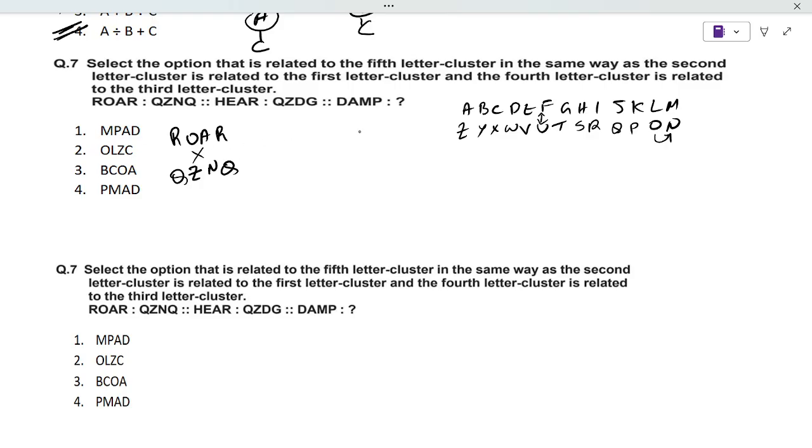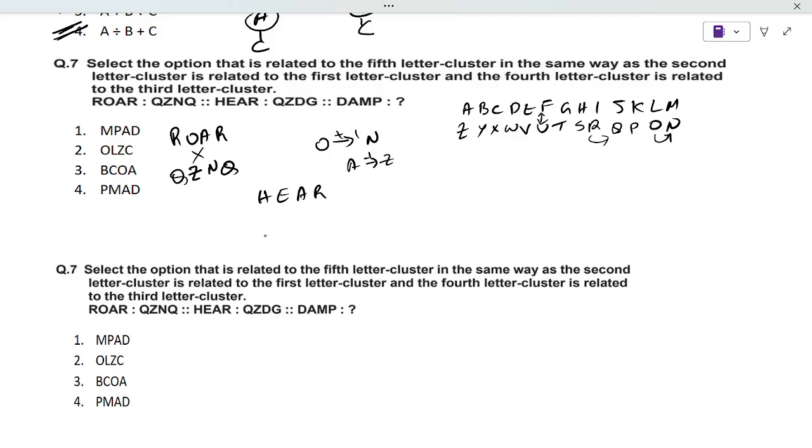Alright. For O, we are plus 1. It'll give us N. For A, it's minus 1. We're getting Z. So we can't say for this Q because R plus 1. Alright. So let's check the other one also.